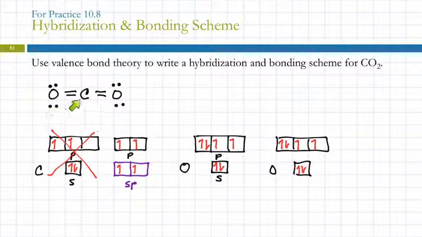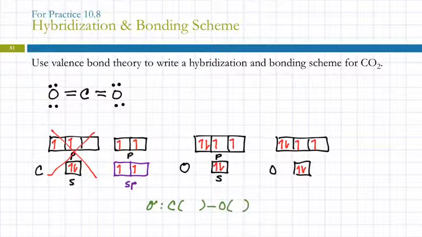From my Lewis structure, I can tell that I'm going to need a bond between carbon and oxygen. The first bond is always a sigma bond. So I'm going to have a sigma bond between carbon and oxygen.